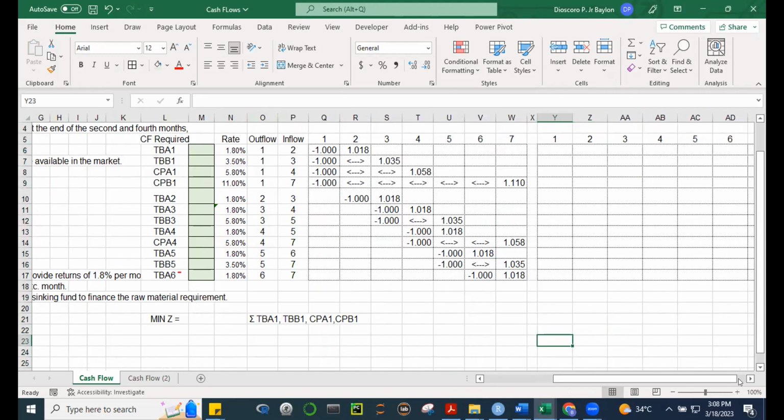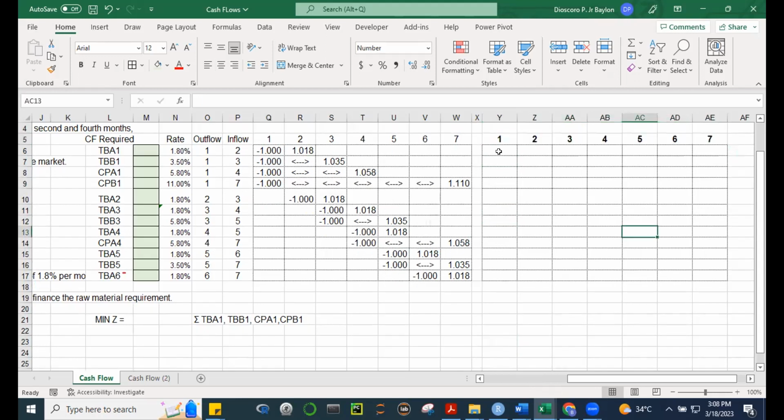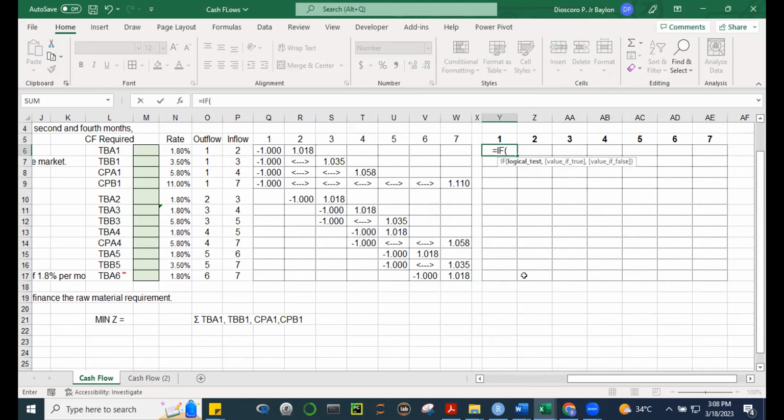Okay, so first, let's address the -1. You have the months here, the months in which the cash flow will happen. So we first start with our first if statement. So it's if. What's our logical test?